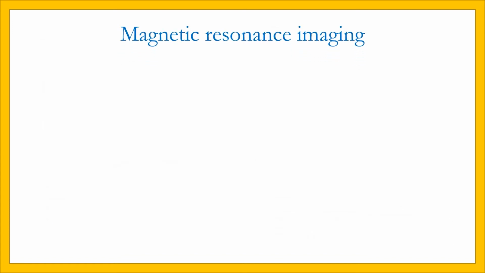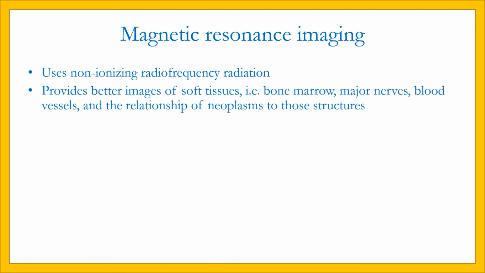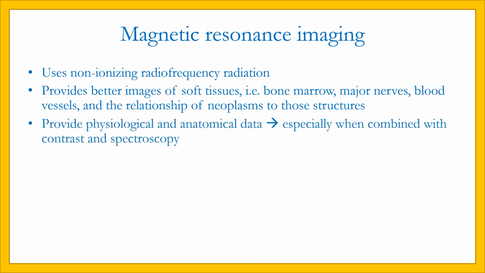Magnetic resonance imaging uses non-ionizing radiofrequency radiation and provides better images of soft tissues, i.e. bone marrow, major nerves, blood vessels, and the relationship of neoplasms to those structures. It provides physiological and anatomical data, especially when combined with contrast and spectroscopy.